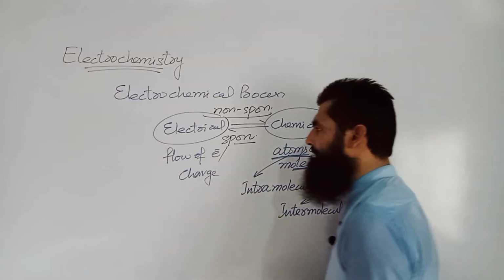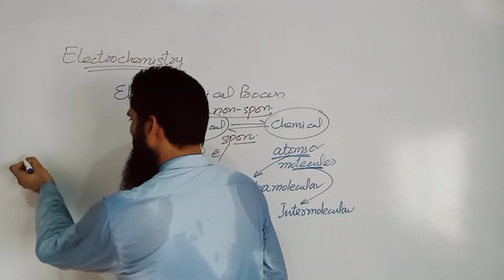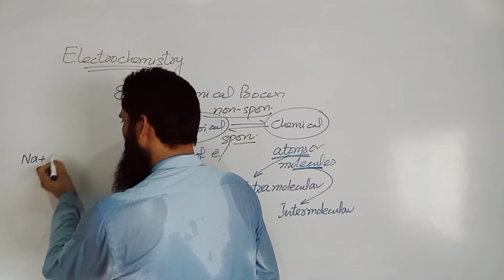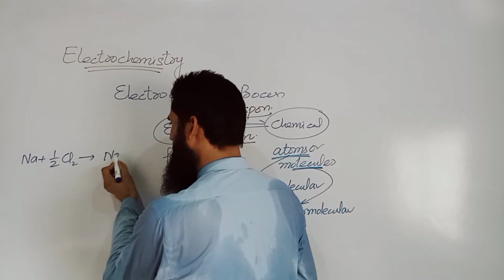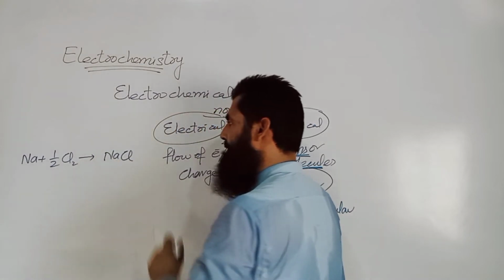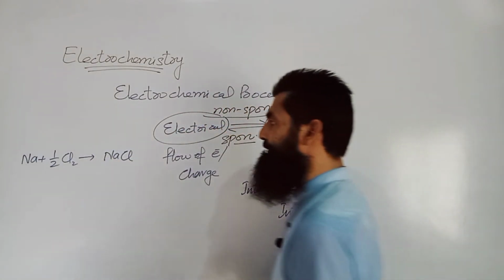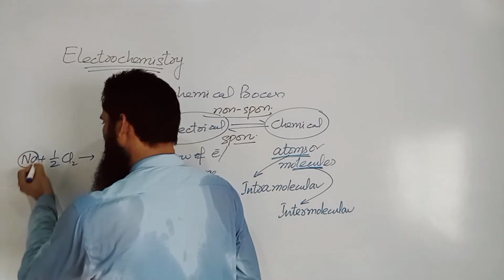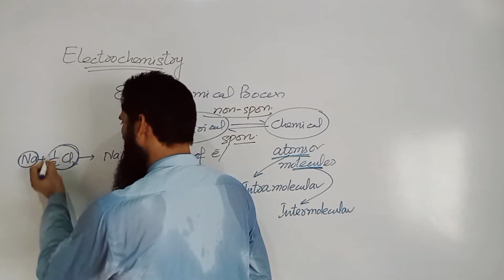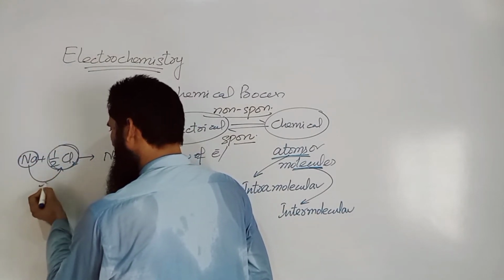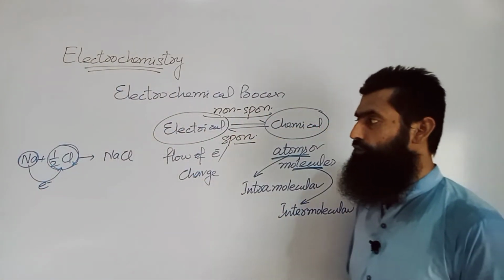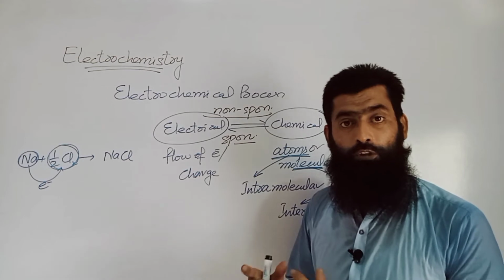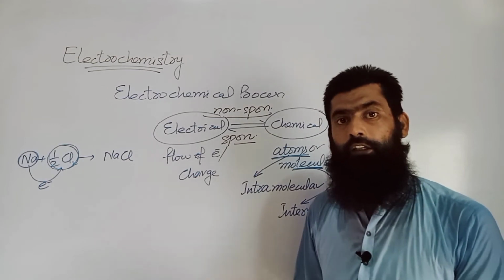Just as an example, when sodium combines with chlorine, it results in the formation of sodium chloride. Think about this process. In this process, an electron moves from sodium to chlorine. The movement of electrons is the electrical energy, and this movement results due to the chemical energy.